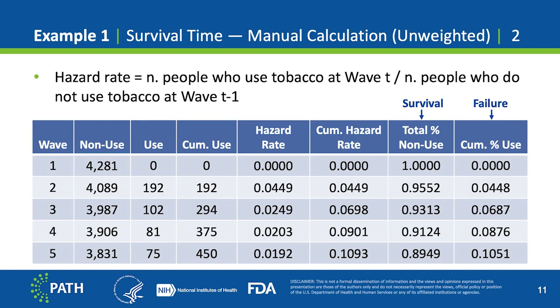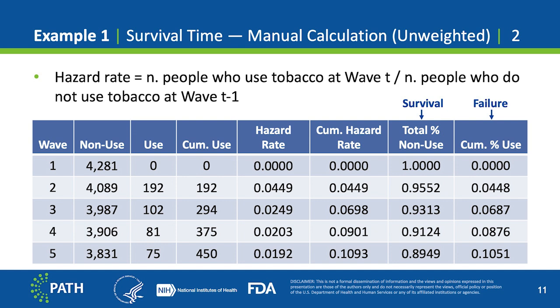When we rearrange all the numbers in this table, we are able to calculate those survival functions, their failure rates, and also hazard rates. The hazard rate is calculated as the conditional probability. That's the number of persons who use tobacco at wave T divided by the number of persons who do not use tobacco at wave T-1.